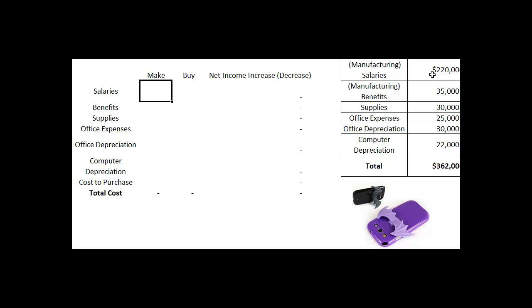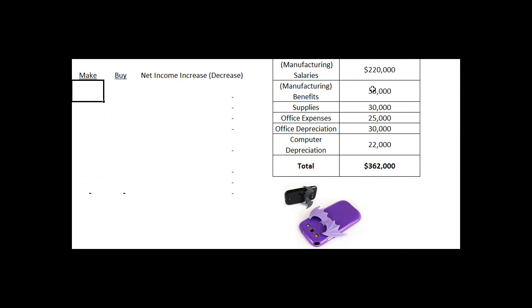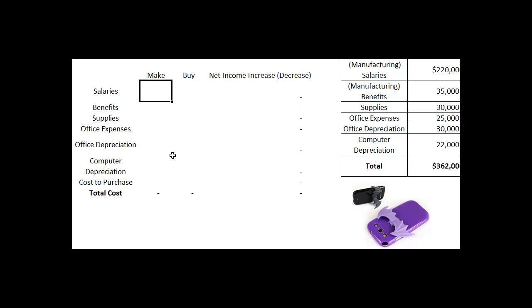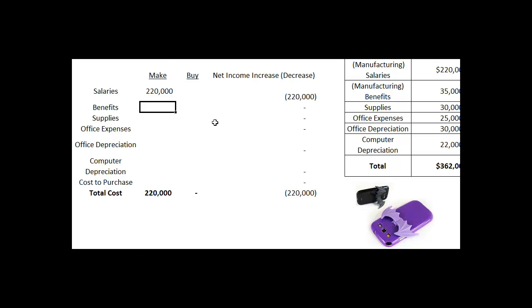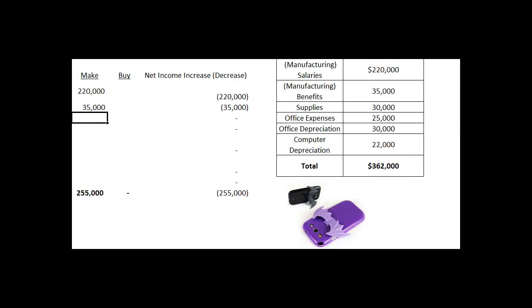They're the manufacturing salaries, so all the people that are employed to actually push the buttons on the machines and crank the levers, and if I choose to make them, I'm going to have those costs. I would also have those benefits, so I would pull that $35,000 over here under my make column as well. The supplies would be the little bat wings and the different plastic that we would use, so I would still have the supplies.